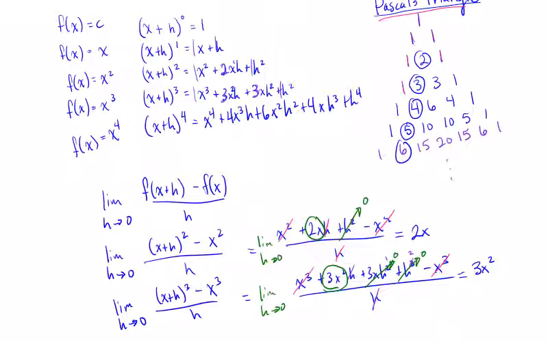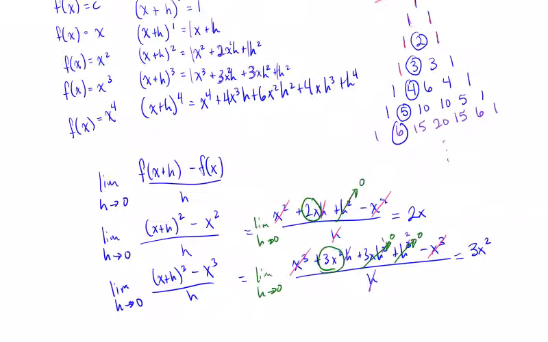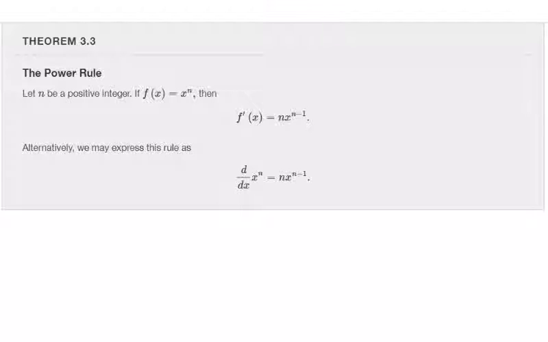And so it ends up being where all you have to do with the power rule is, if you start out with x to the nth power, you can just multiply by n. You can put the n in front, and then just subtract 1 from n. Okay?